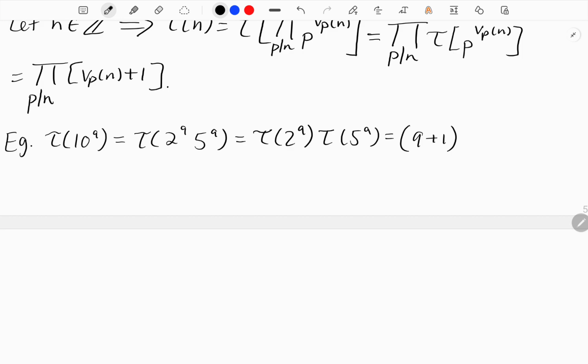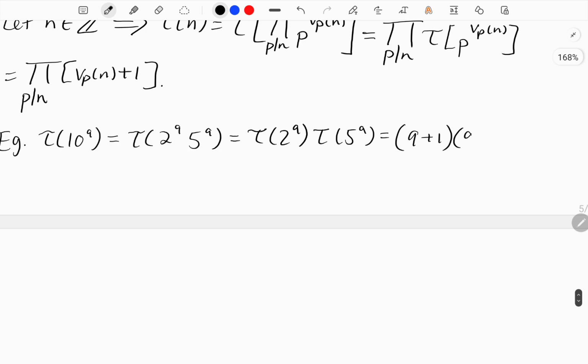And similarly here, if n is 5 to the power of 9, then the only prime that divides 5 to the power of 9 is 5. So the valuation sub 5 of 5 to the power of 9 is just 9. And once again, we have 9 plus 1. So we have 10 here and 10 here. 10 times 10 is 100.